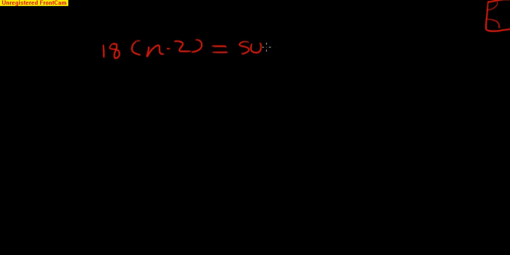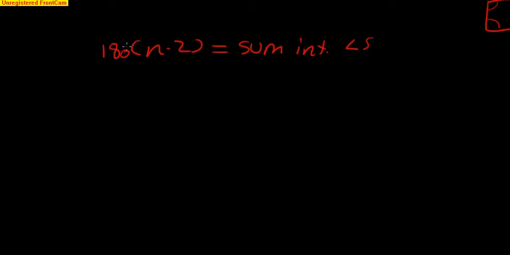We know that 180 times n minus 2 is equal to the sum of the measures of all the interior angles, right? So that's the first step. The second step is distributing it.